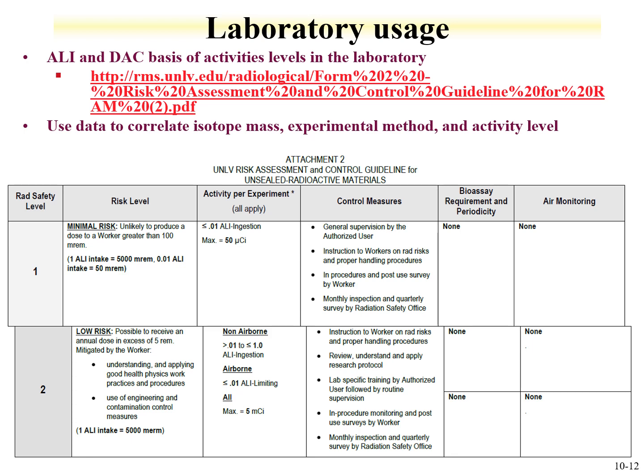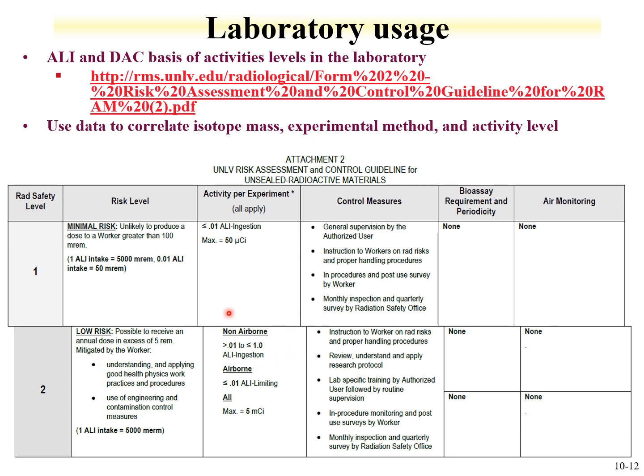So for instance, if all the isotopes that one is working with have an annual limit on intake for ingestion of 0.01 or less of an ALI, that's at rad safety level 1. Very basic work. A wide variety of people can work with this.